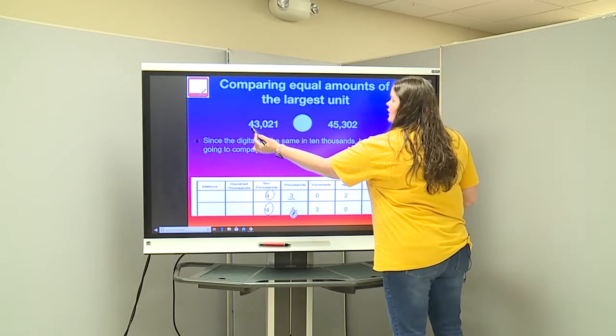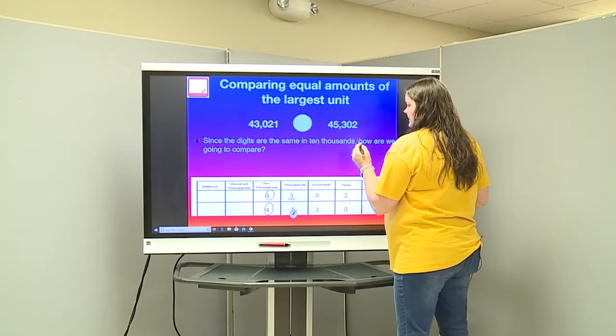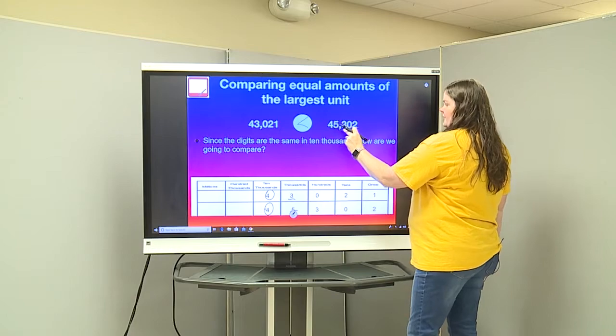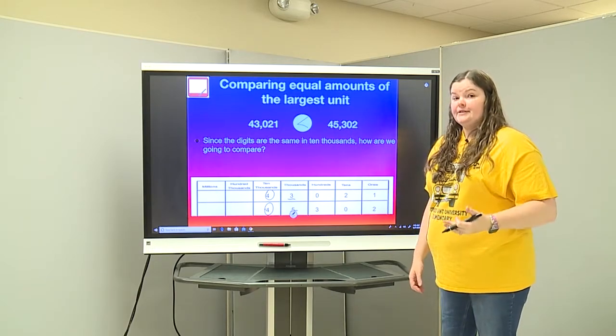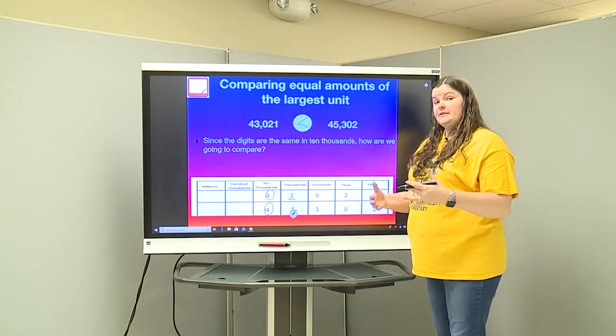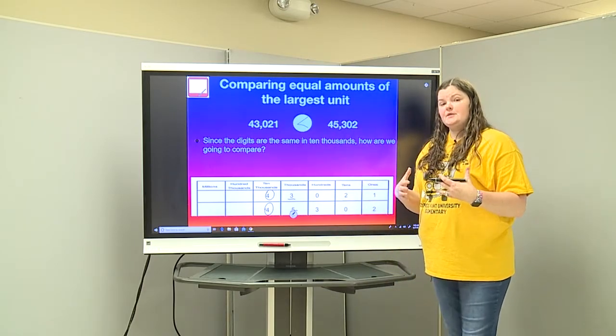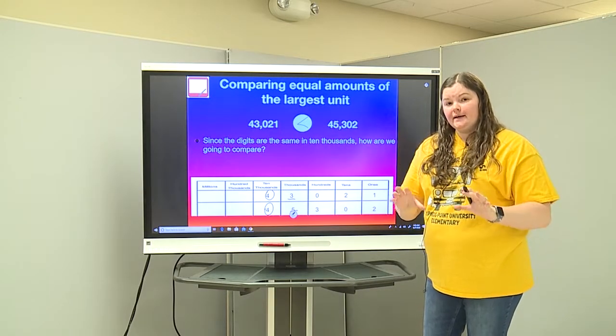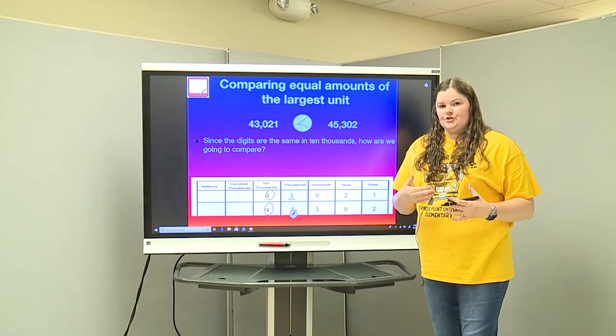So I would say 43,021 is going to be less than 45,302. Again, I started in the 10,000s place and they were the same. I moved down to the thousands place, and that's where those digits got different. So that's when I knew I could stop right there and compare those two numbers.